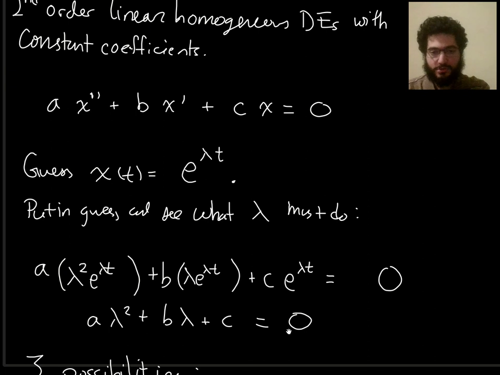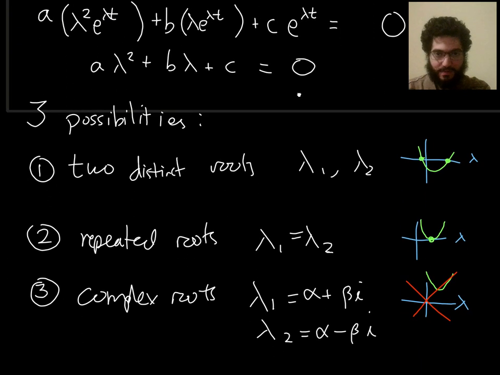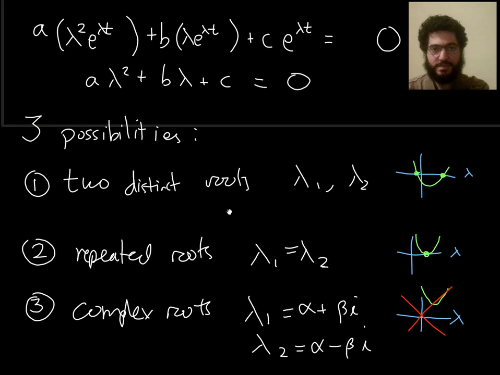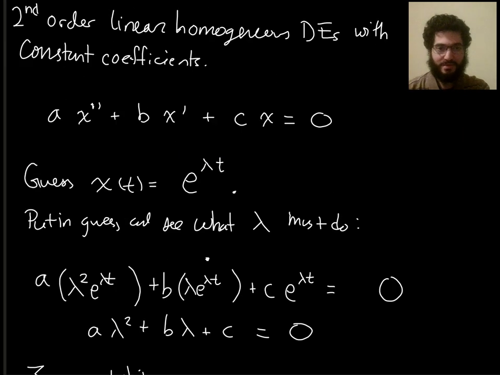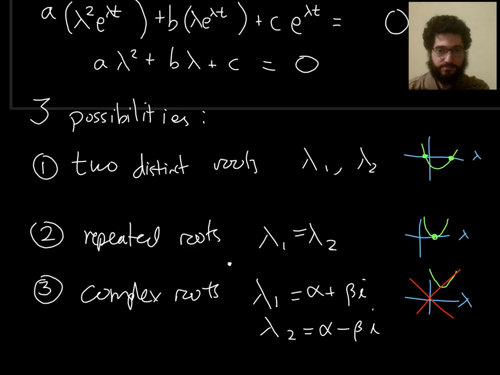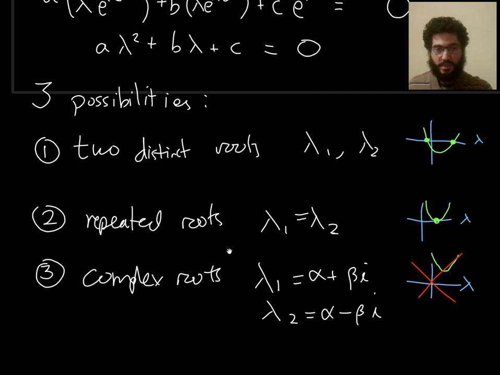You will always get a quadratic polynomial, and from there are three possibilities as to the roots of that quadratic polynomial. And depending on which of the three cases you end up in, you can get different behaviors. You can get different dynamics in the end. That doesn't tell you quite how to write the general solution. So that question is still left open, and we're about to discuss that soon.